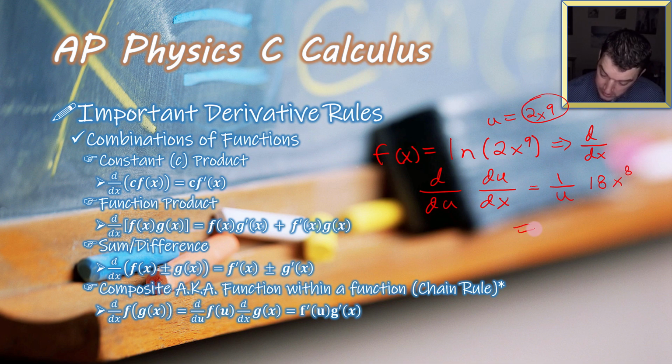This is actually equal to 1/2x to the 9th times 18x to the 8th. 18 divided by 2 is 9. X to the 8th divided by x to the 9 is x to the 8 minus 9, which is why this is 9x to the -1, or 9/x.